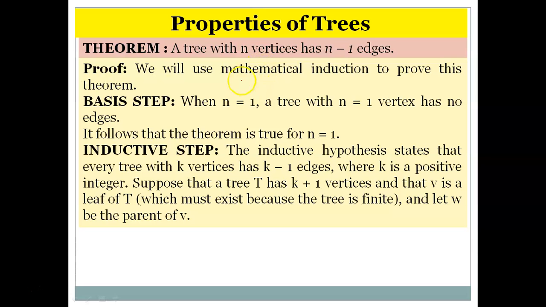Now the properties of trees. The theorem: a tree with n vertices has n minus 1 edges. It can be obviously seen from any tree that the number of edges in a tree is one less than the total number of vertices.